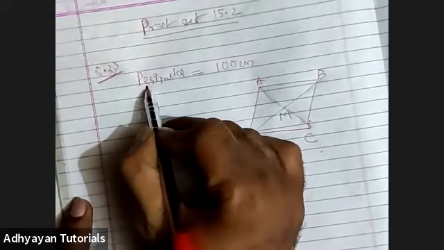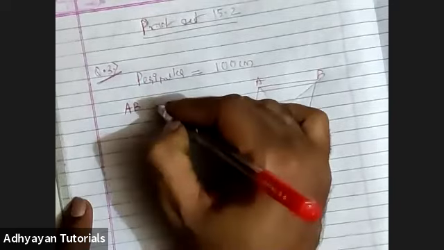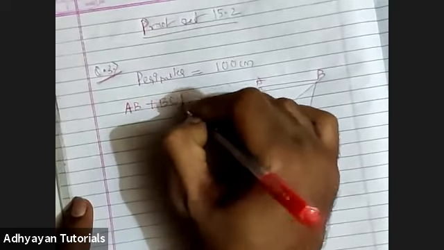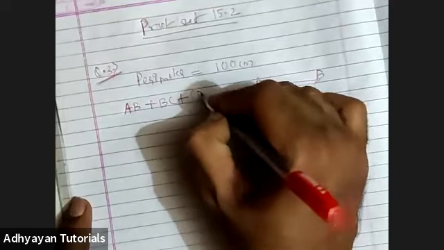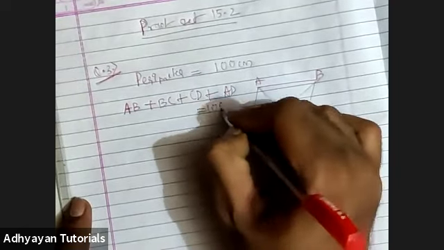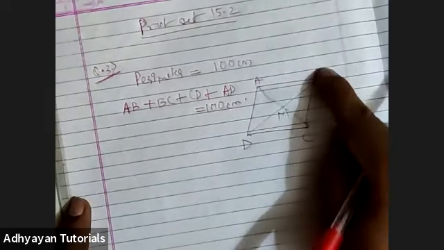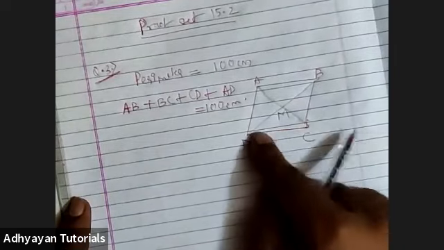See, perimeter is the sum of all sides. So I write it as AB plus BC plus CD plus AD, right? Which is equal to 100 centimeter. Now we all know since it is a rhombus, by definition, all the four sides are equal.